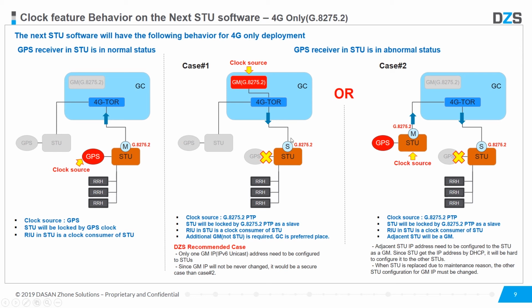After that, the clock is provided to the RIU in the STU. In the second case, the STU is locked by receiving the clock of the GPS connected to another STU connected to the same 4G TOR, and the clock is provided to the RIU in the STU.